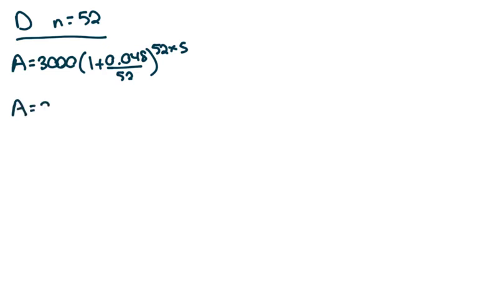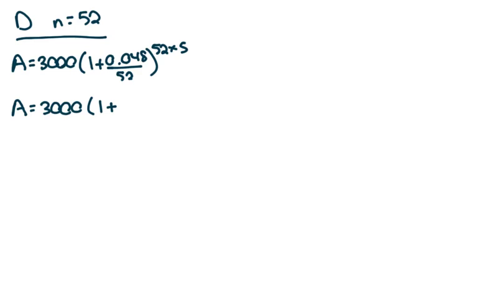Now, the issue that comes up in a question like this is when we do 0.048 divided by 52, most calculators will give this in scientific notation. If your calculator doesn't, that's fine, and just carry on.